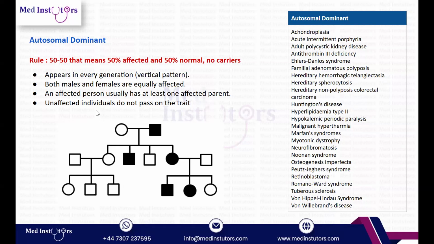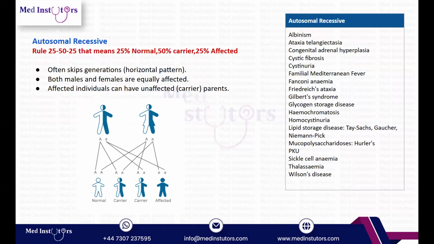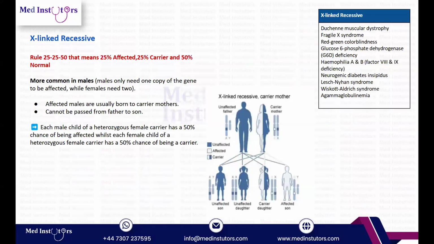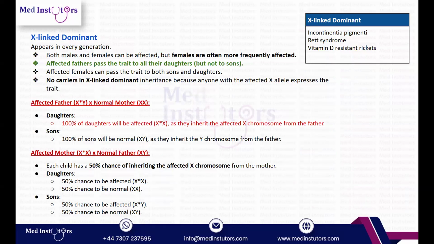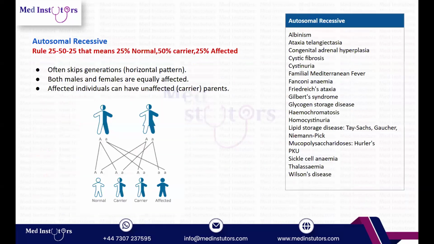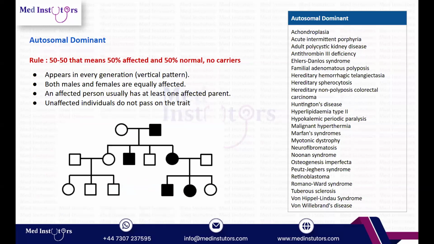In this condition, both males and females are equally affected. So only if gender specificity is there, it is X-linked. If not, it is autosomal. In autosomal conditions there is no gender specificity, but in X-linked, yes, there is. That is the main differentiating point between the two.